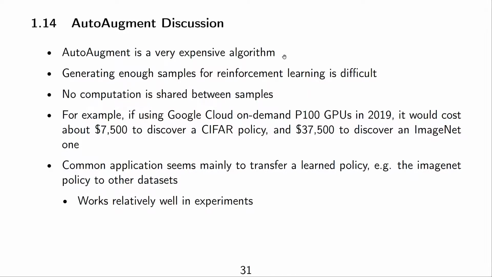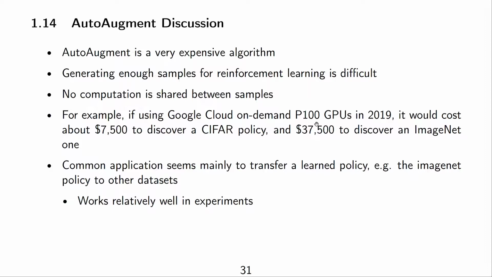AutoAugment is a very expensive algorithm because generating enough samples for reinforcement learning is difficult, and no computation is shared between the samples. So I actually checked, it is a P100, not a V100 GPU.